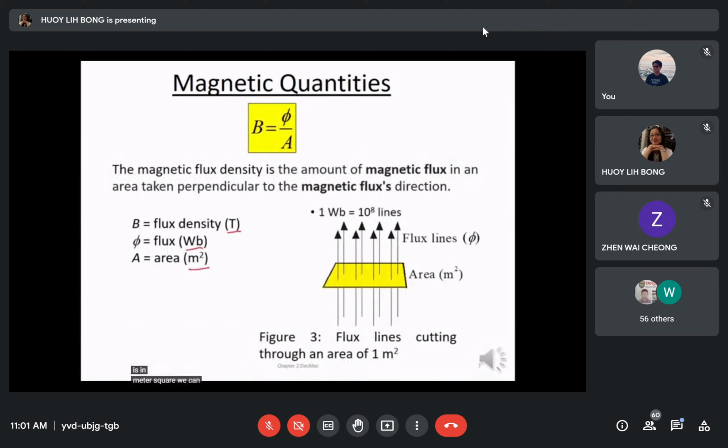We can also write the SI unit as Weber per square meter. From figure 3, we have 1 Weber of flux crossing through a 1 square meter area. So this gives us 1 Tesla of magnetic flux density.